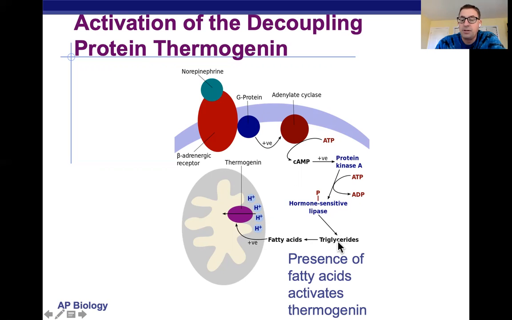So when the triglycerides are getting broken down, the presence of those fatty acids activates the protein in the inner mitochondrial membrane called thermogenin. This is that protein involved in creating heat. So that name makes sense. When this thermogenin protein is activated, it allows protons to diffuse down through it.